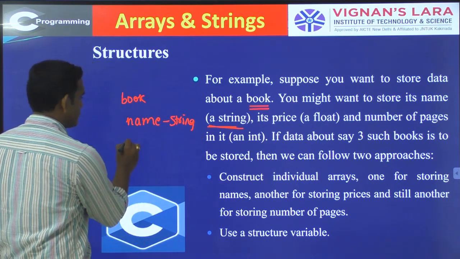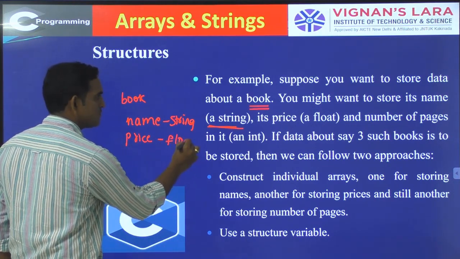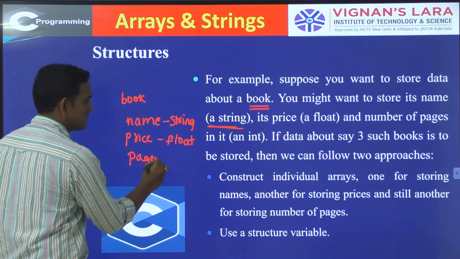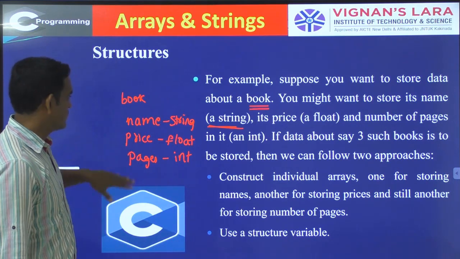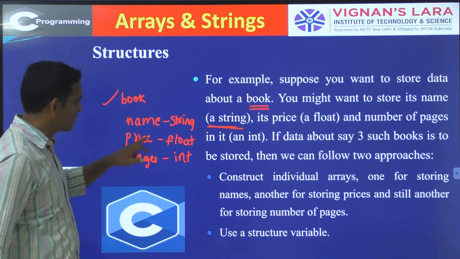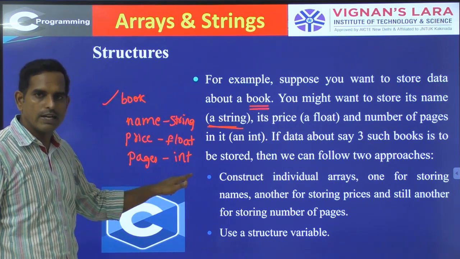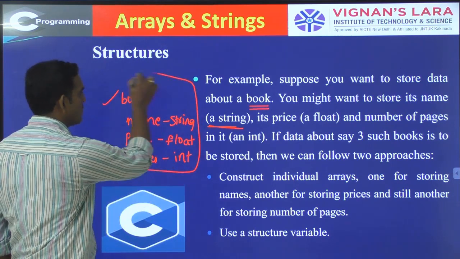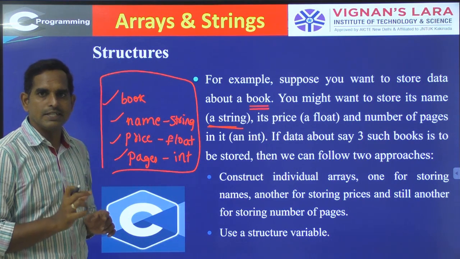Then the price of the book, which is usually a float value, and the number of pages, which is usually an integer value. Now, if I want to store the information about a book, I should be able to store a string, a float value and an integer value. This is the situation where you are involving more than one data type in a single entity.